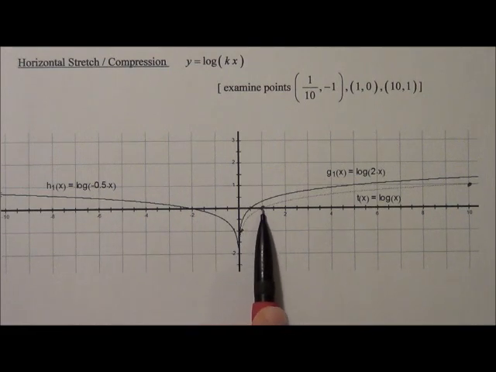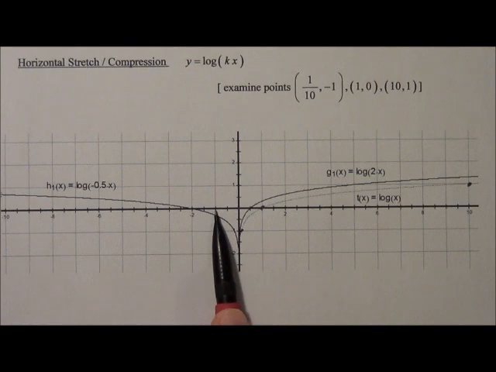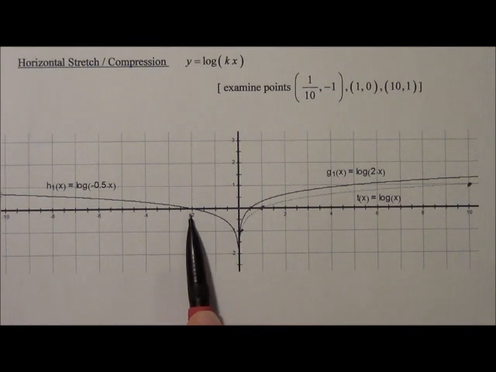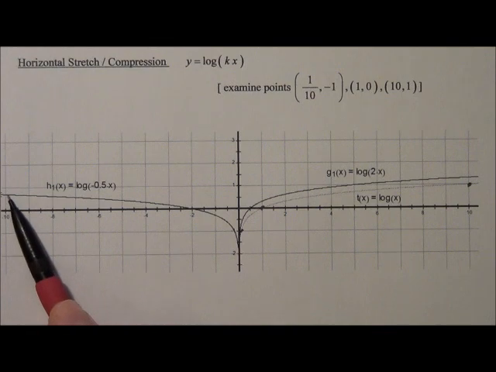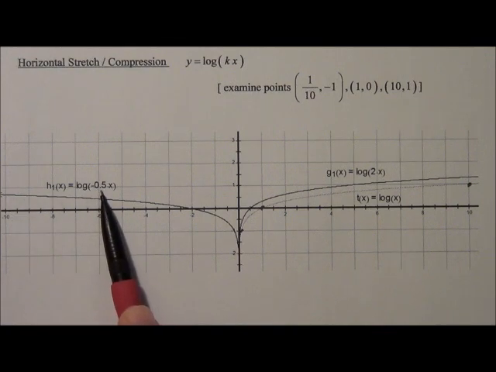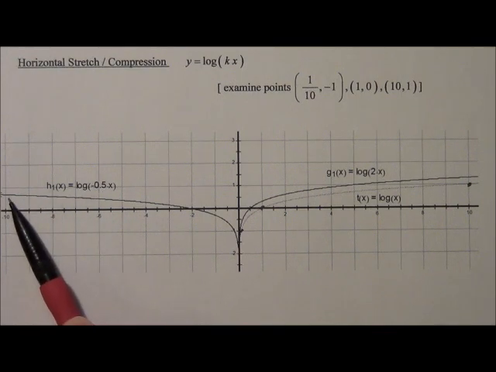And then this point (1, 0) becomes (-1, 0), and then with the horizontal stretch by 2 it becomes (-2, 0). And this point of (10, 1) would become (-10, 1), and then it gets stretched by 2, so it's actually at (-20, 1), which is off the grid.